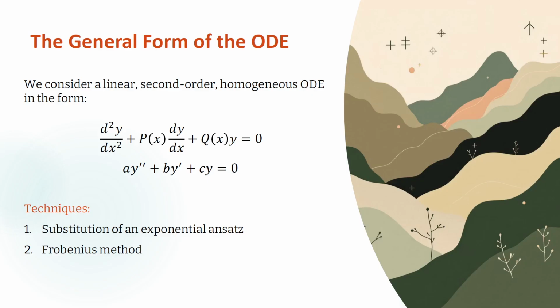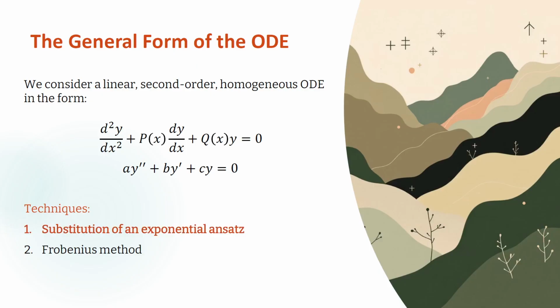Now, in solving this ordinary differential equation, there are many techniques. But in our series of videos, we will only be introducing two techniques: first, by substitution of an exponential ansatz, and secondly, through the so-called Frobenius method.